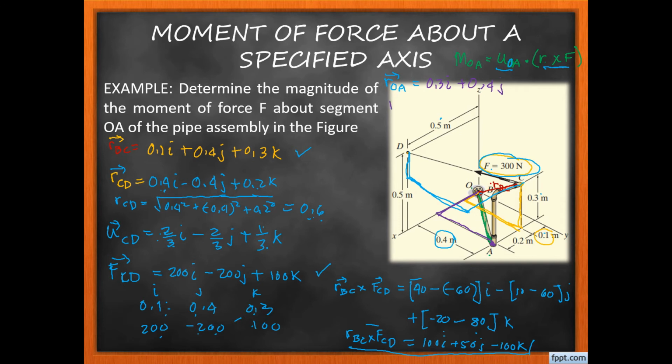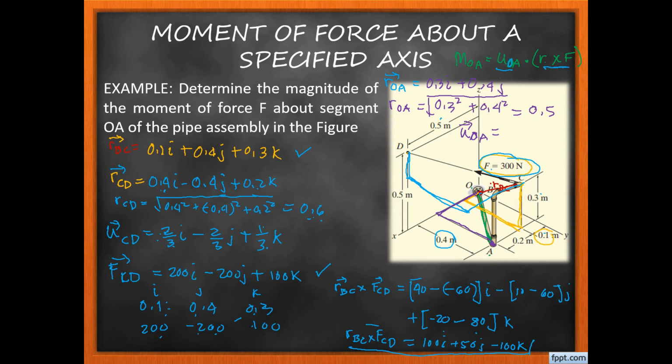So, yung ROA natin, kailangan kunin natin yung scalar form nito. So, meron tayong 0.3 plus 0.4, square natin, then square root natin yan, para makuha natin yung scalar form. So, that is equals to 0.5. So, yung unit vector natin along OA, in Cartesian vector form, is equals to, so divide lang natin itong 0.5 doon sa 0.3.